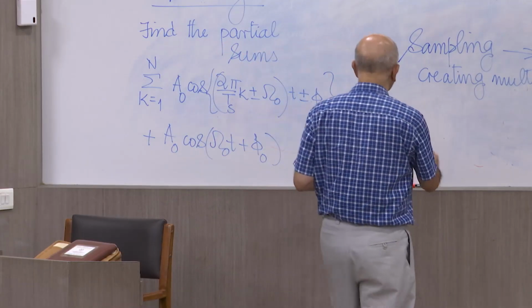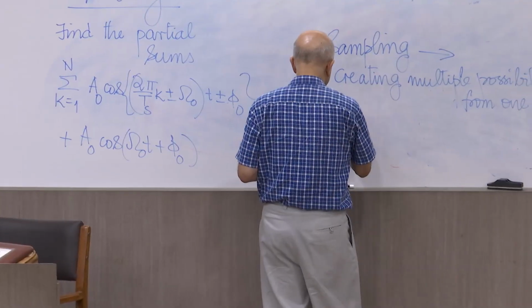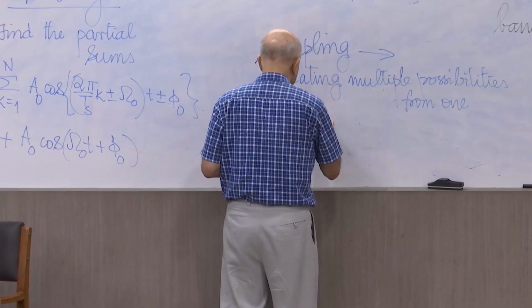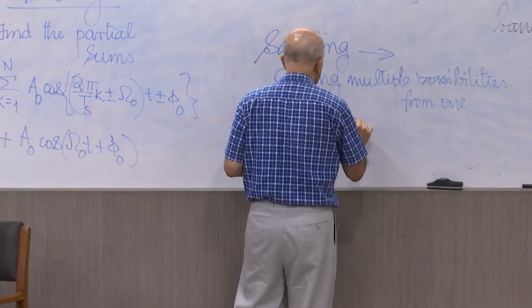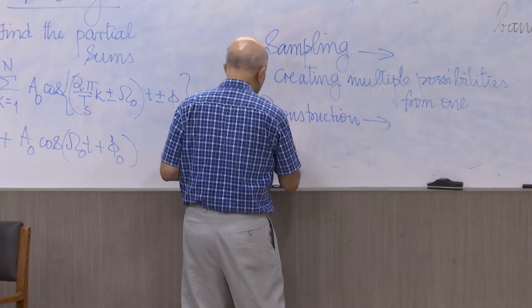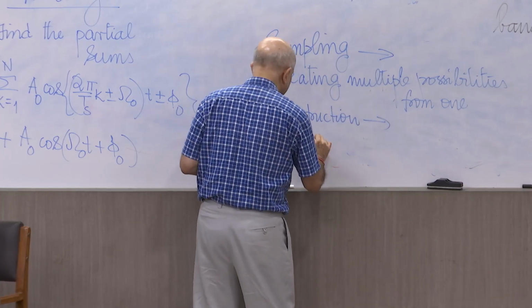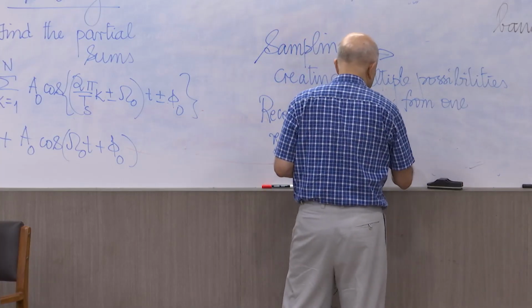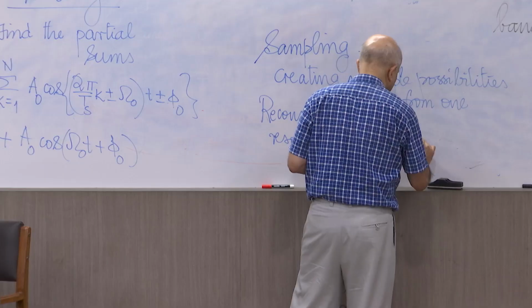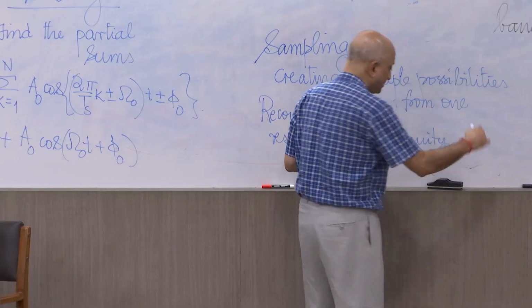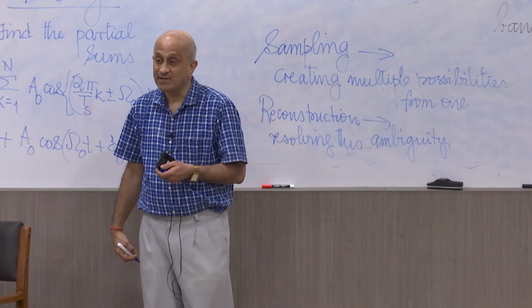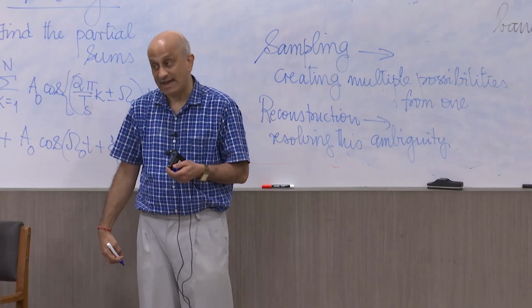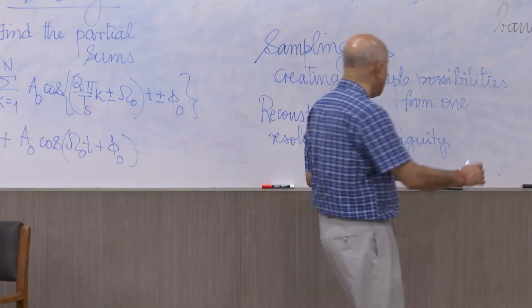What is reconstruction from the samples? It is resolving this ambiguity. And how do you resolve the ambiguity? By using a priori knowledge, by using prior information.